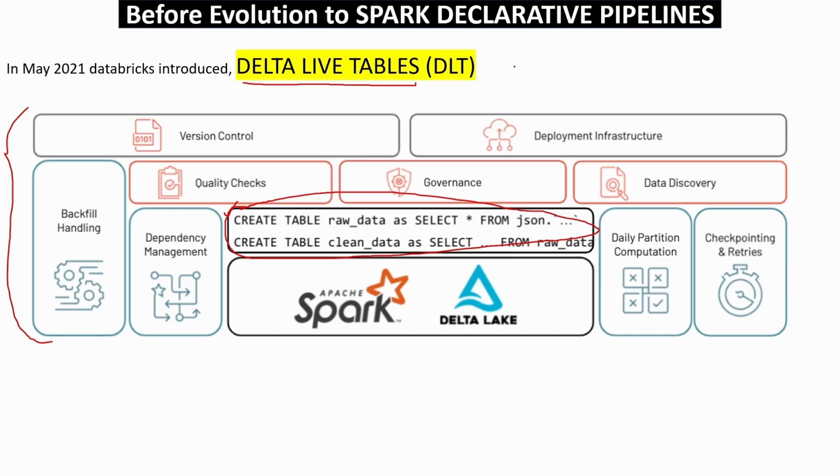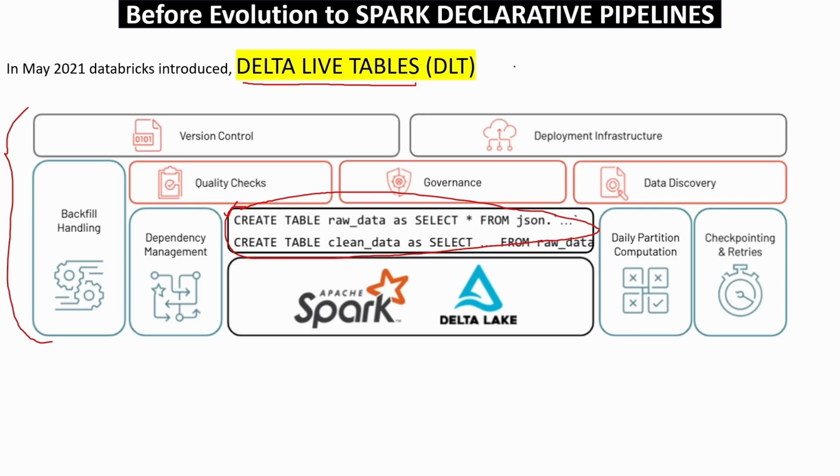So all I needed to focus on was writing the code either in SQL or in PySpark, and you are done and dusted. And it was publicly available in June 2022. Since the time it was available, everybody started using the Delta Live Tables framework, and it actually helped a lot of companies in fast-pacing their project deliverables.